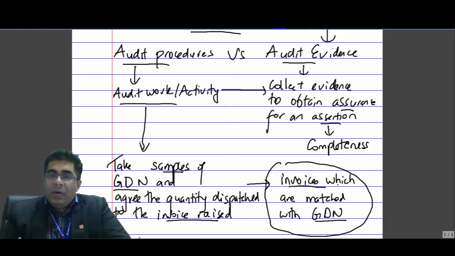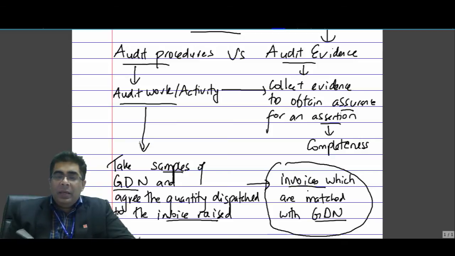That will become my audit evidence, that look, I have evidence that whatever goods are dispatched have been invoiced. That means my revenue is actually complete. So please understand the difference between audit procedure and audit evidence first.